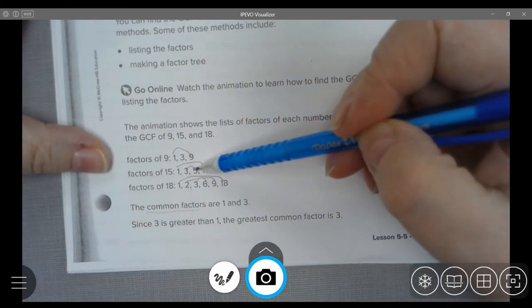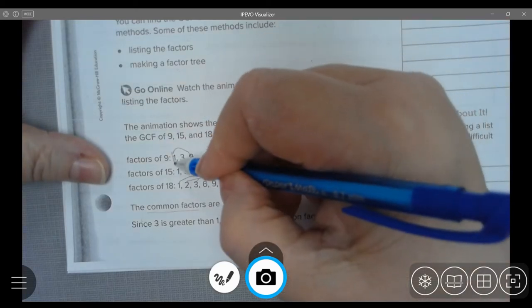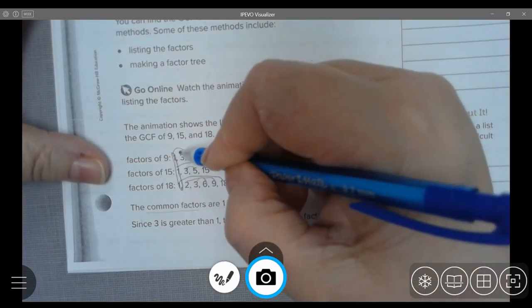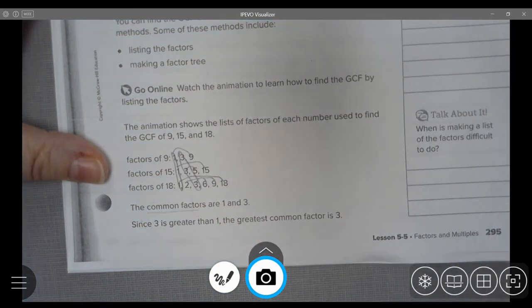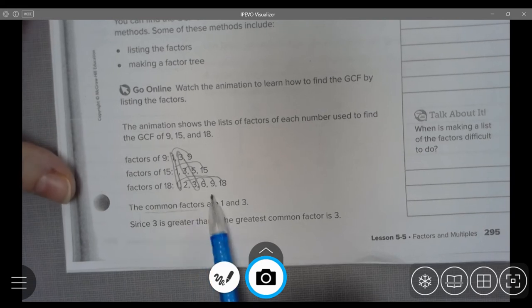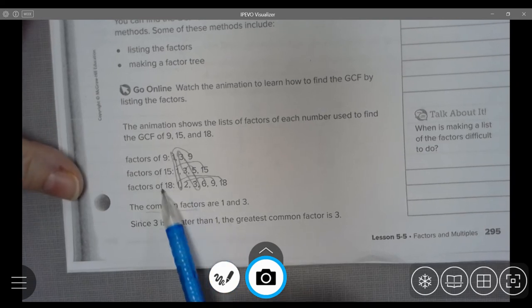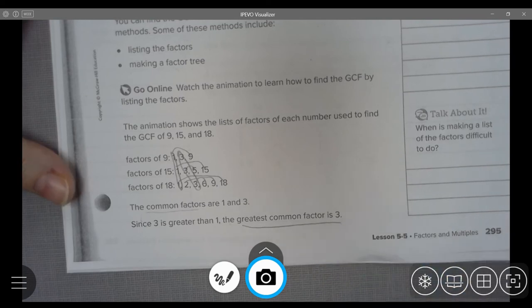So those are the numbers that appear in each of those lists. So we have 1 and we have 3. I always try to circle them and group them, and it helps me visualize the common factors with the numbers we're looking for. Since 3 is greater than 1, the greatest common factor would be 3 in this case.